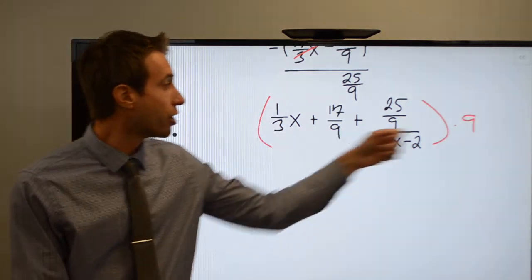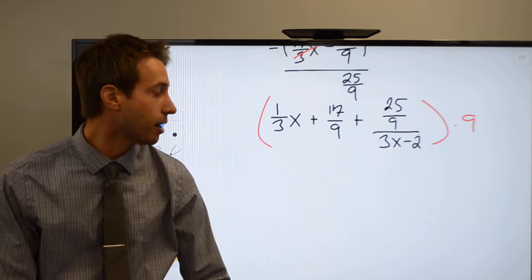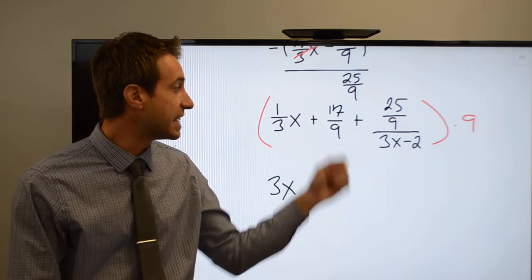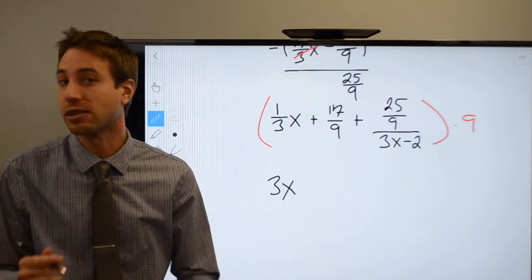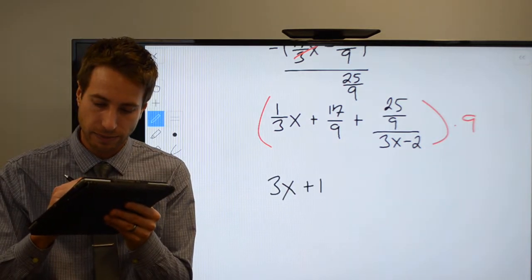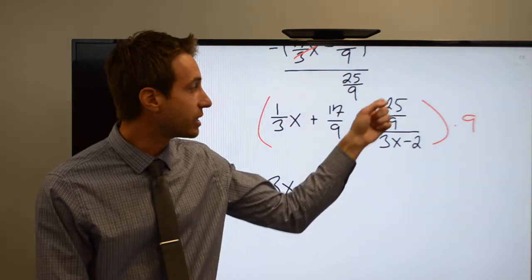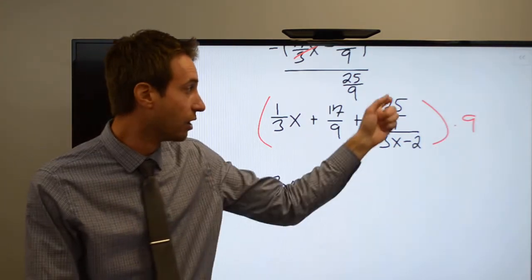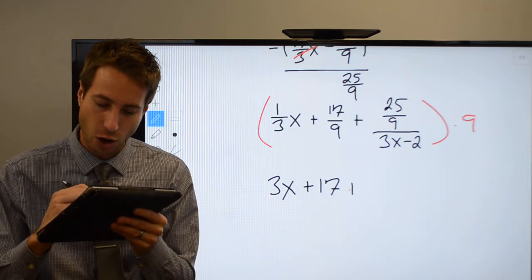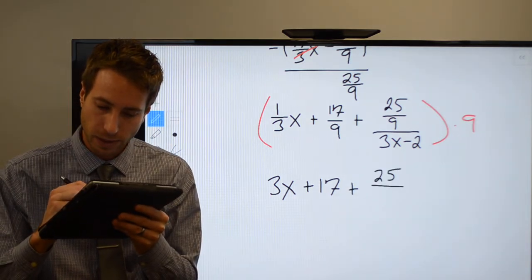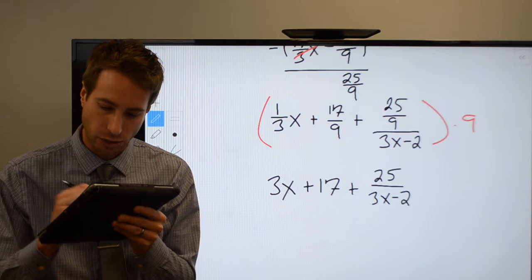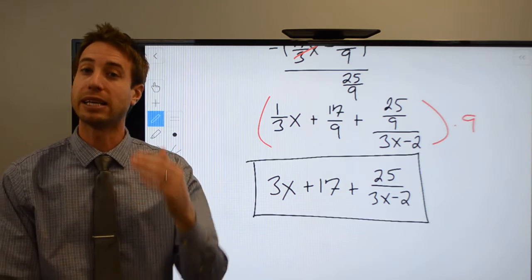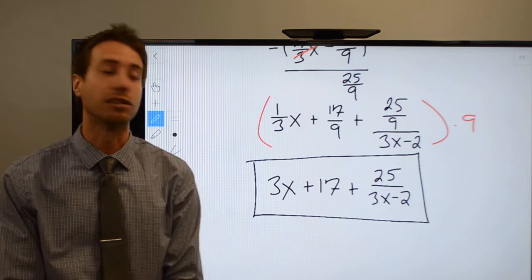So 1/3 times 9 is going to leave me with a 3x. 17 ninths times 9, the 9's cancel, and leaves you with a 17. Once again, 25 ninths multiplied by 9, the 9's cancel, leaving you with just 25 over 3x minus 2. And that is going to be the quotient of doing the function f of x divided by g of x.